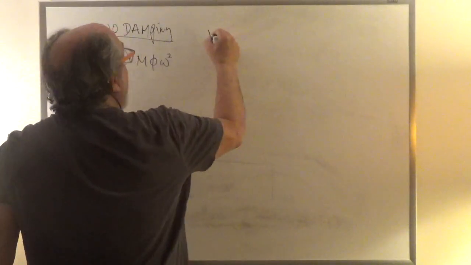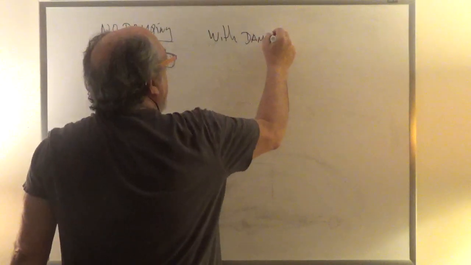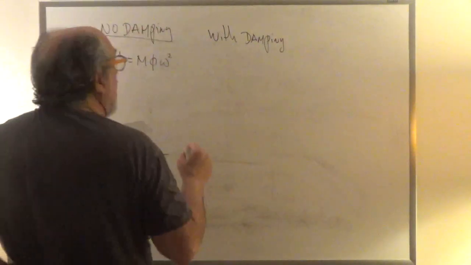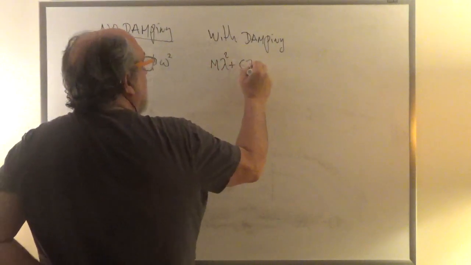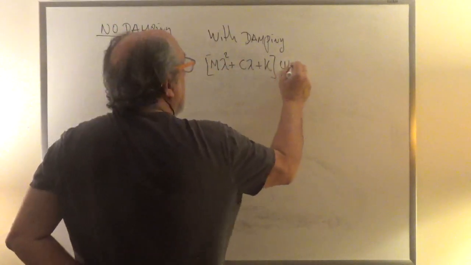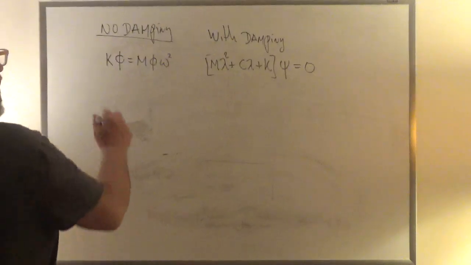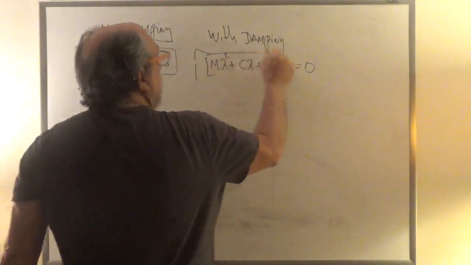In the case with damping, the eigenvalue problem is m times lambda squared plus c times lambda plus k times phi is equal to 0. Okay? So this is the case of no damping. This is the case with damping.